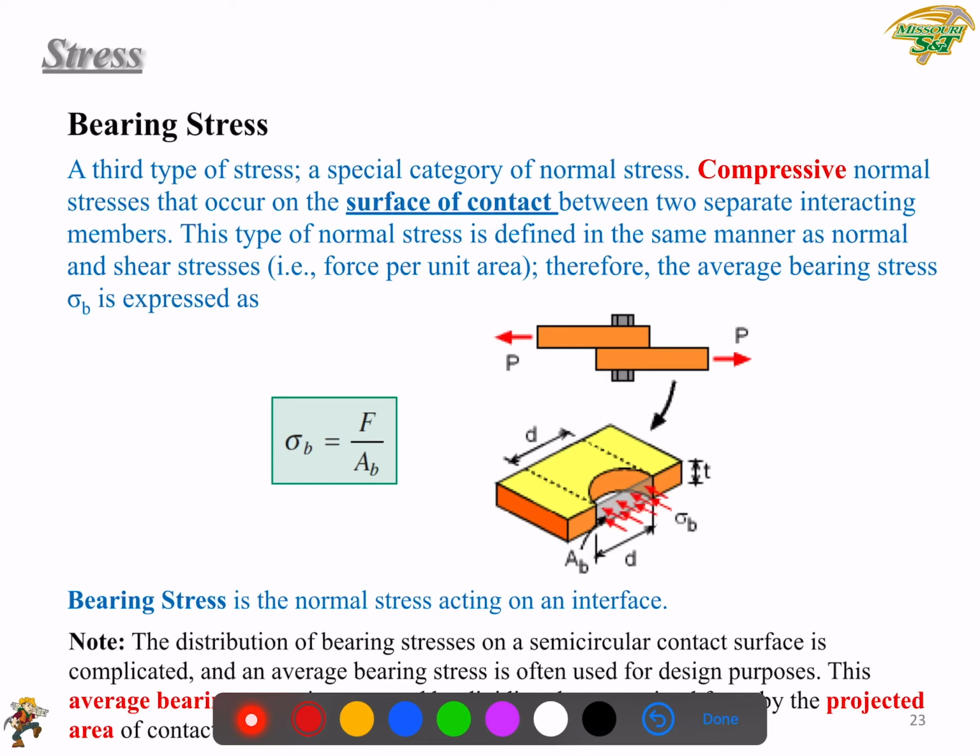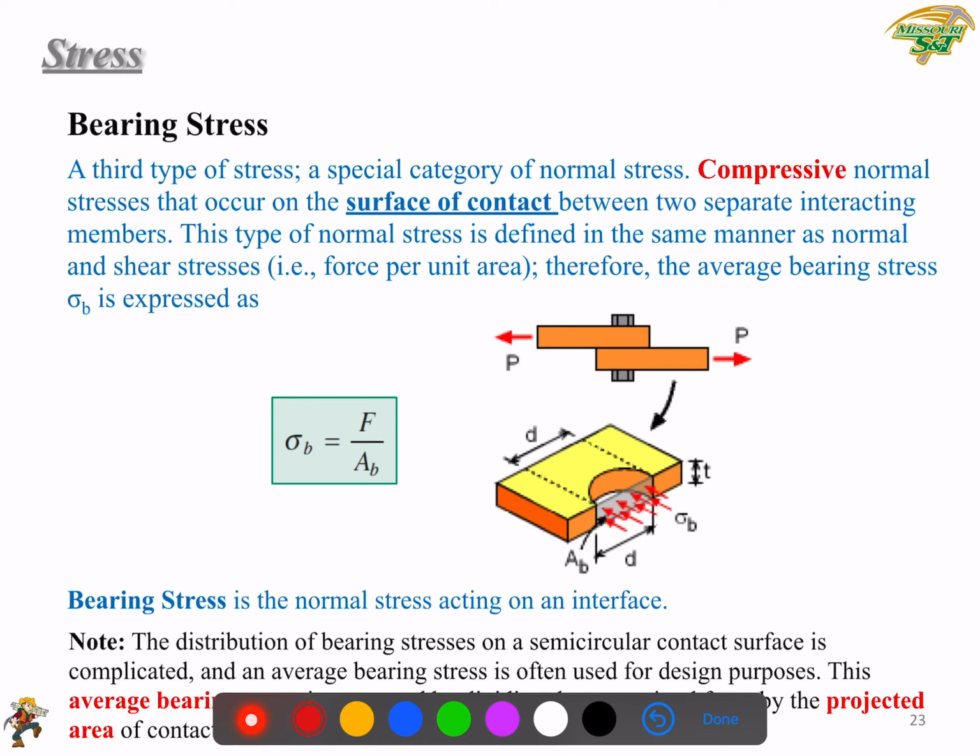This type of normal stress is defined in the same manner as the normal and shear stress, that is, force per unit area. Therefore, the average bearing stress, sigma b, is expressed as sigma b equals F, the force acting on the interface, over the area Ab, the contact surface, the area of the interface between two members.